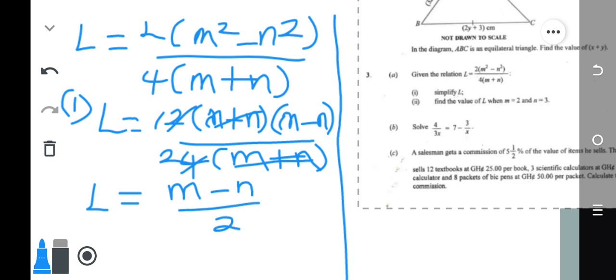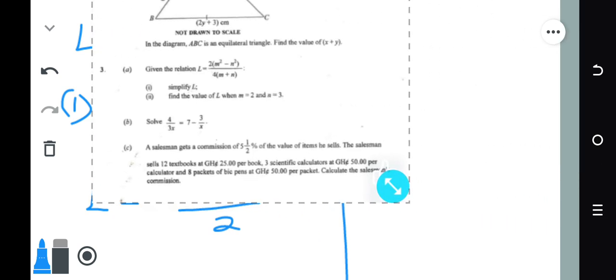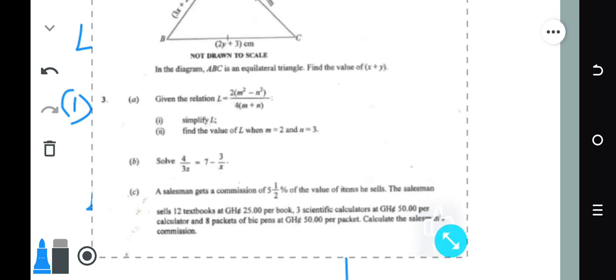And so it is a simplified version of the relation 2(m squared minus n squared) all over 4(m plus n). Let's work out the 3aii, which says find the value of L when m is equal to 2 and n is equal to 3.